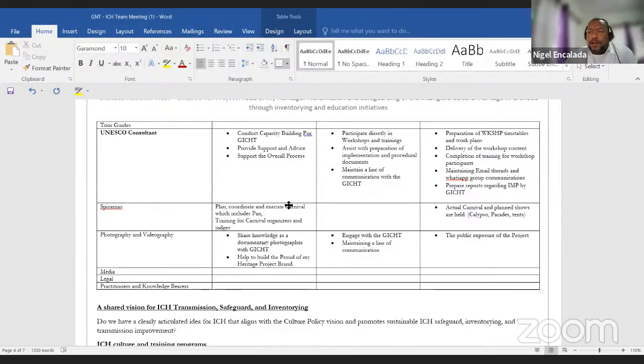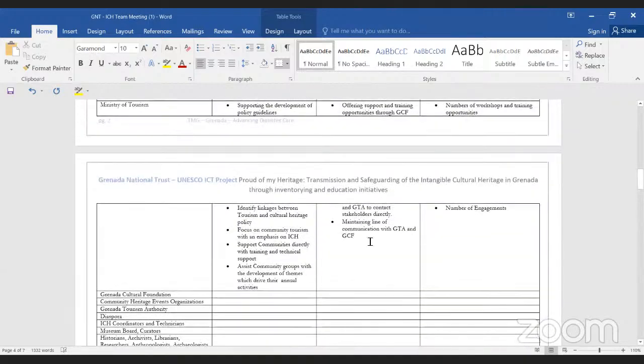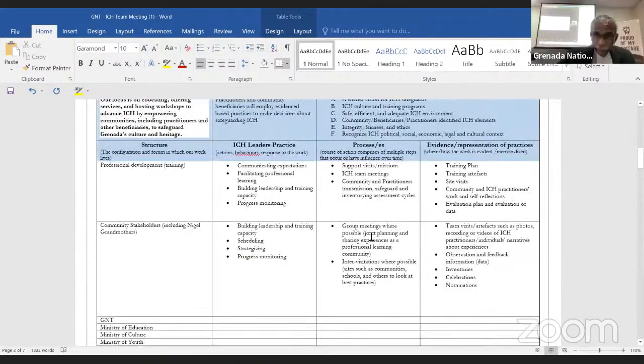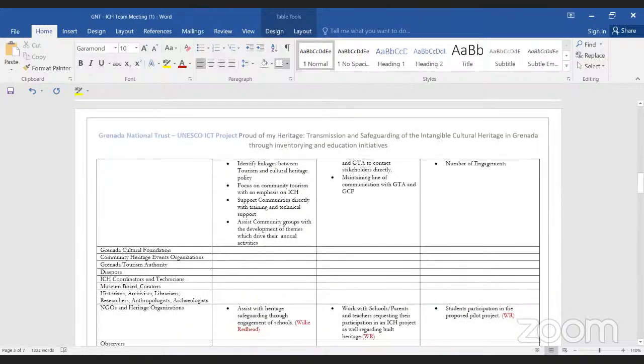The mass. So for example, we have some of the traditional mass like the Veco, the Shortknee. These are ICH. Wild Indian, Maple. Yeah, the Moko Jumbies. Old Mass as well, which actually tells the story of the social.